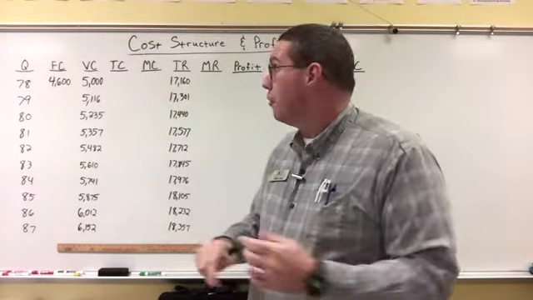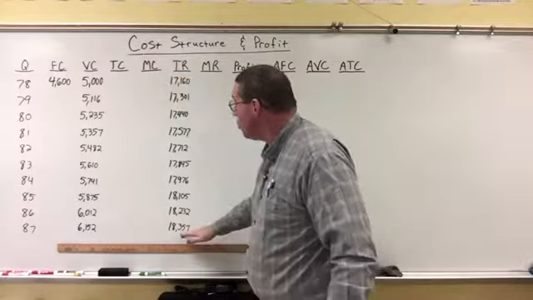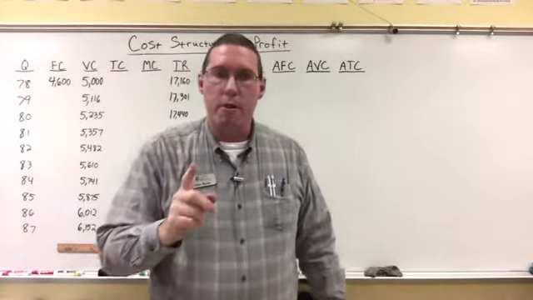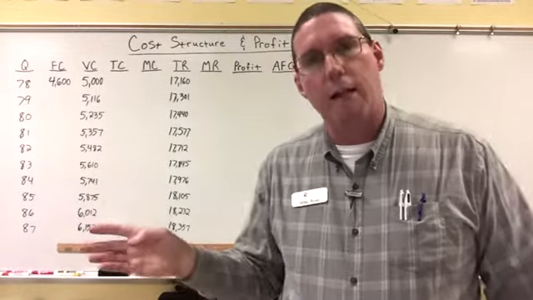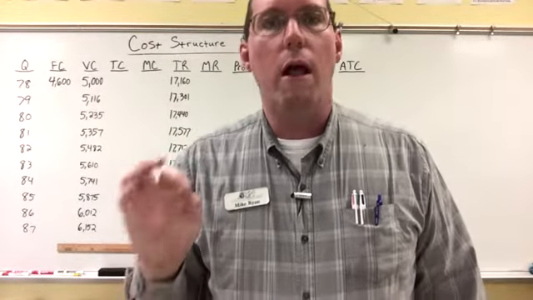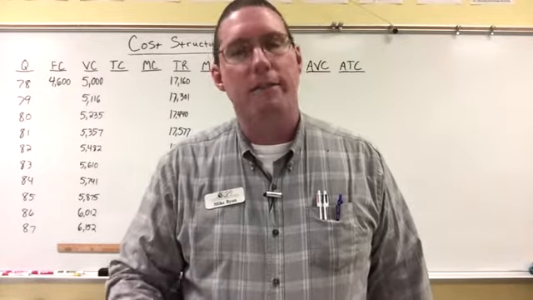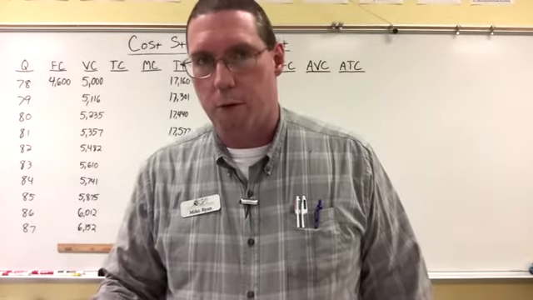Okay. Now, if you're trying to maximize your revenues, then yes, I agree, we should be producing as much as possible. But we already said earlier in the semester, on the first day of class, that the goal of a business is to maximize profit, not to maximize revenue. Okay.